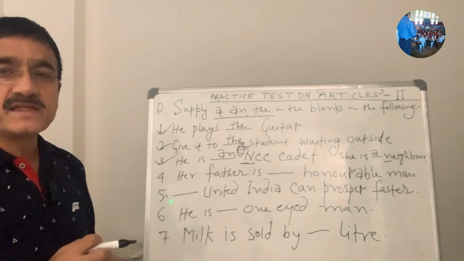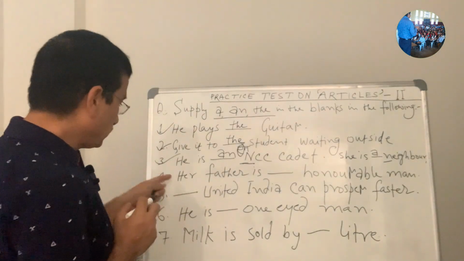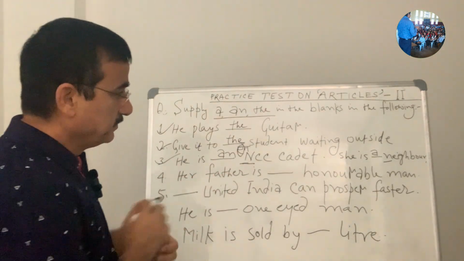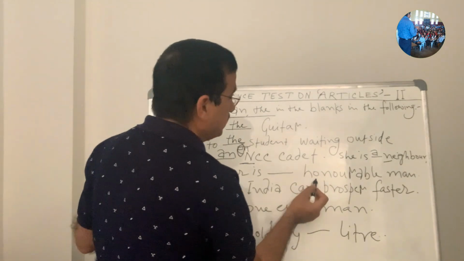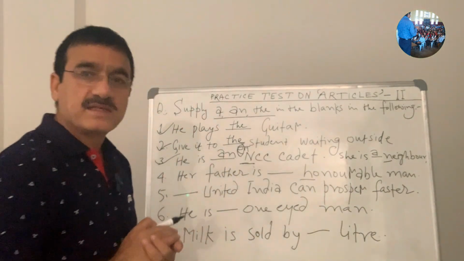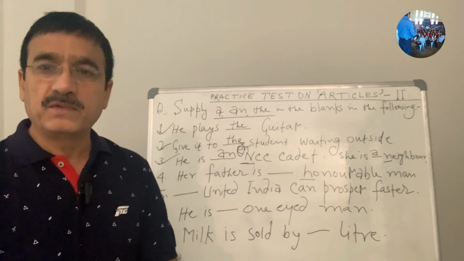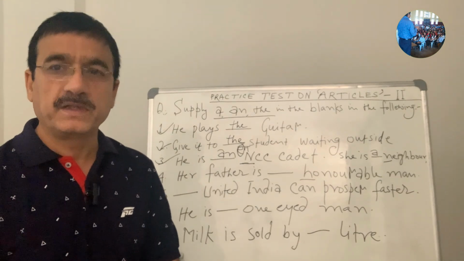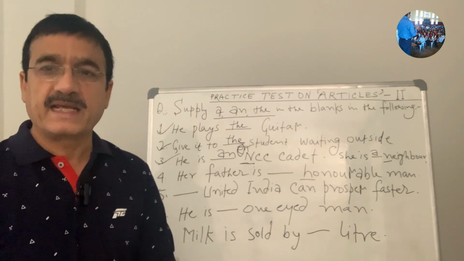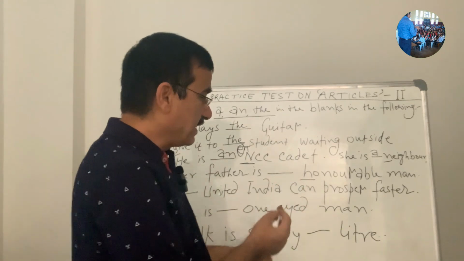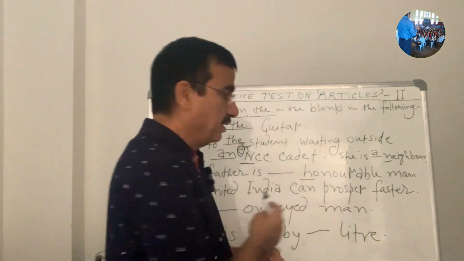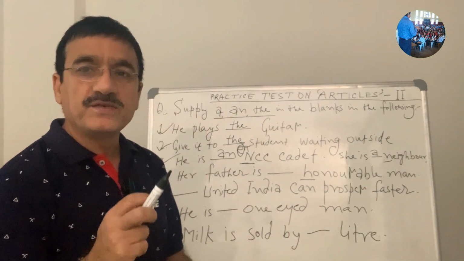Now look at sentence number 4. Her father is blank honorable man. This H is here, but the correct pronunciation is honorable, with a silent H. Often people mispronounce. This H is silent, so it's honorable. So O is what?